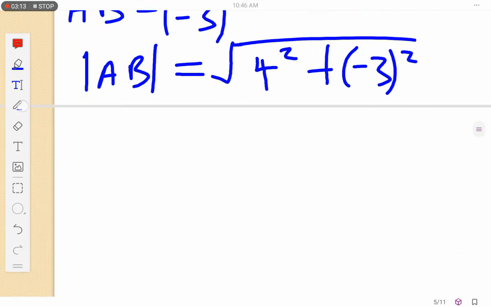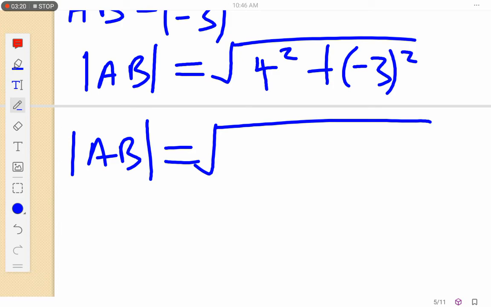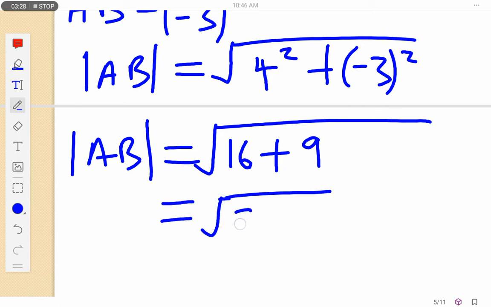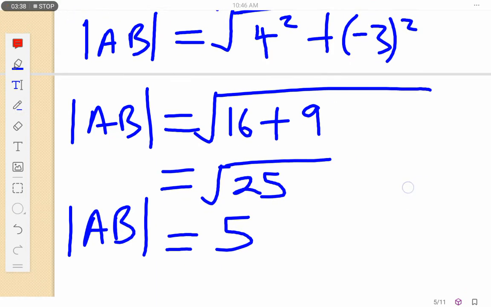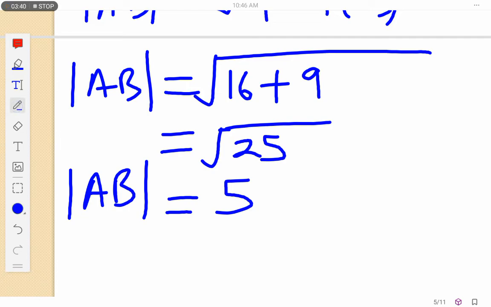Now we can simplify. The modulus of AB is equal to square root of 4 squared, we get 16, plus minus 3 squared, we get 9. So at the end of the day, we have square root of 25. Square root of 25, we get a 5. So the modulus of AB, or the magnitude of AB, is 5 units.